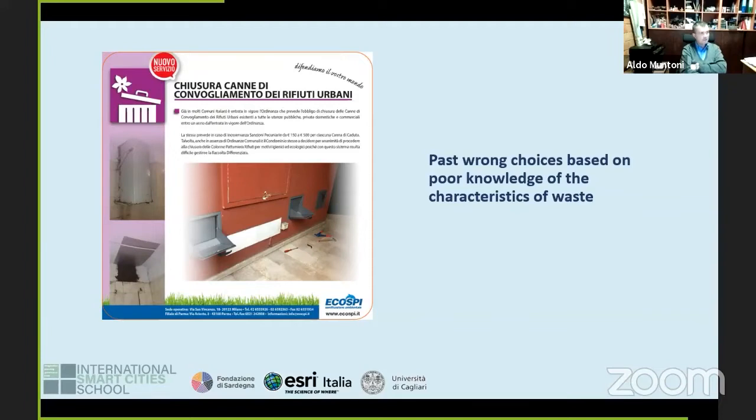And I have to say that until the early 90s, in the Italian regions, in the Italian municipalities, nobody took care about the waste quality. So we decided what to do with the waste without knowing the quality of the waste which was produced in our cities. Okay.